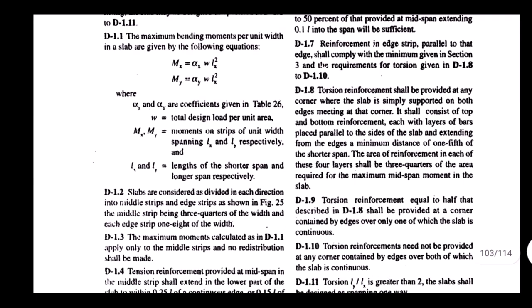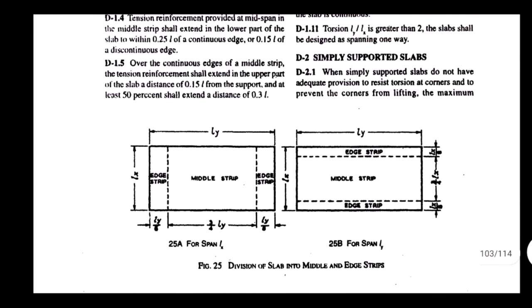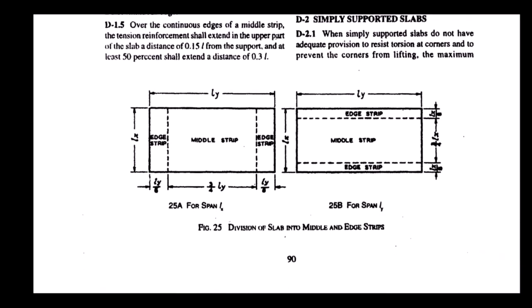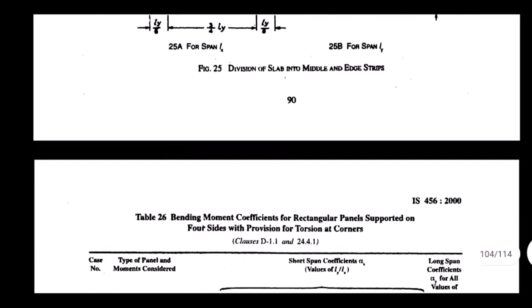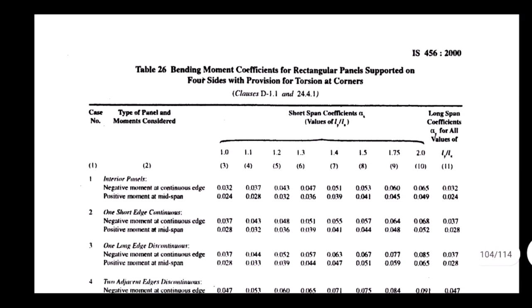That will be easier for you to understand the clause and the consideration. There are two figures also. On page number 90, we can find this in IS 456:2000, and on the next page, Table 26 is also needed for this design.